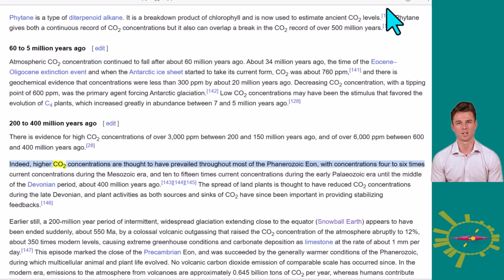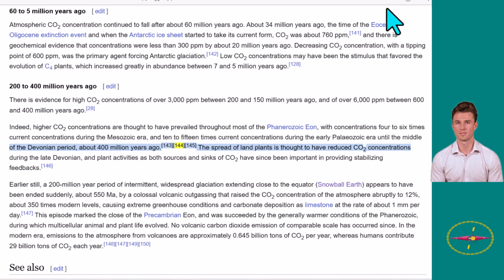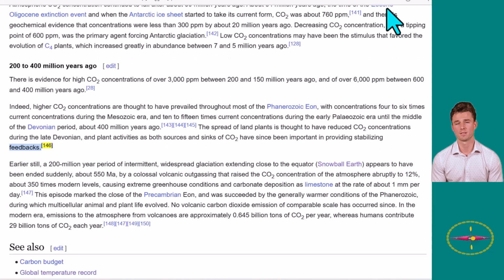Indeed, higher CO2 concentrations are thought to have prevailed throughout most of the Phanerozoic Eon, with concentrations 4 to 6 times current concentrations during the Mesozoic era, and 10 to 15 times current concentrations during the early Paleozoic era until the middle of the Devonian period, about 400 million years ago. The spread of land plants is thought to have reduced CO2 concentrations during the late Devonian, and plant activities as both sources and sinks of CO2 have since been important in providing stabilizing feedbacks.